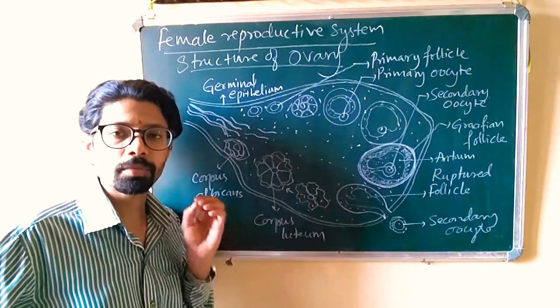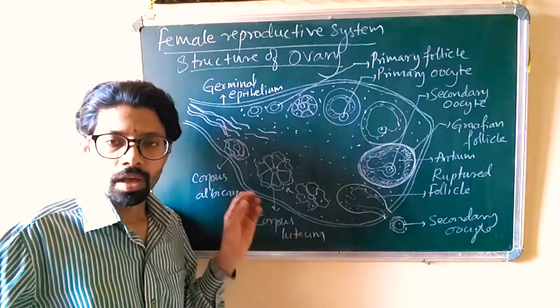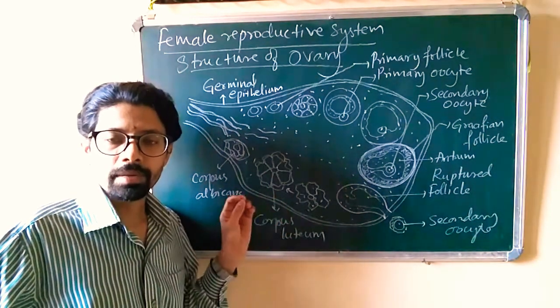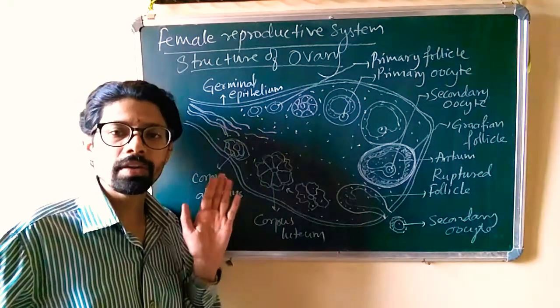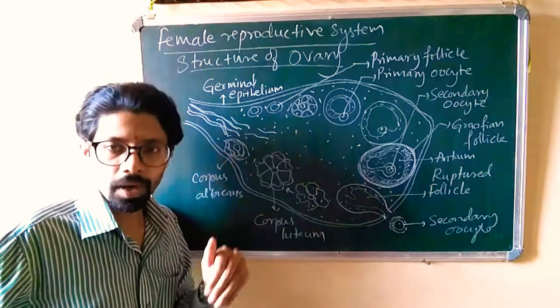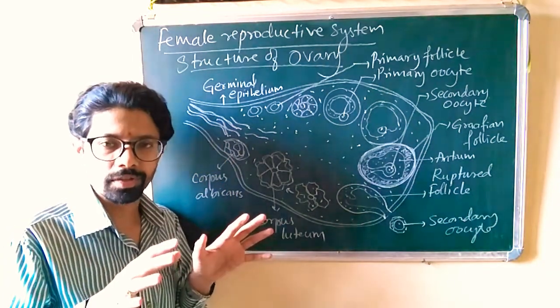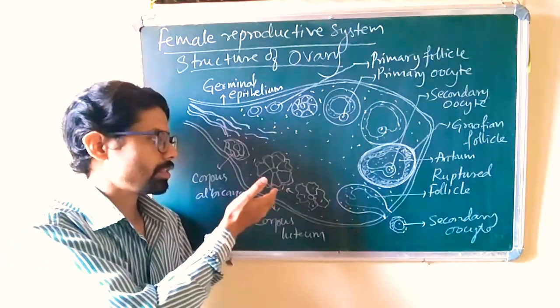The name of the hormone is progesterone. Progesterone is released from the corpus luteum. The corpus luteum continues its secretion if implantation has occurred and it continues as a pregnancy. But if there is no implantation, the ovum is not fertilized, then slowly it degenerates.